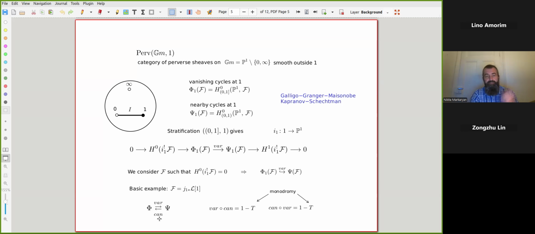This is the classical result, also, I think, first appeared in this text: if you have a disk and a perverse sheaf on it with singularity at 0, then it is totally described by vanishing cycles, nearby cycles, and the maps var and can between them, and we have this relation where T is the monodromy around 0. Is it Macpherson-Vilonen? Yes, it's also Macpherson.